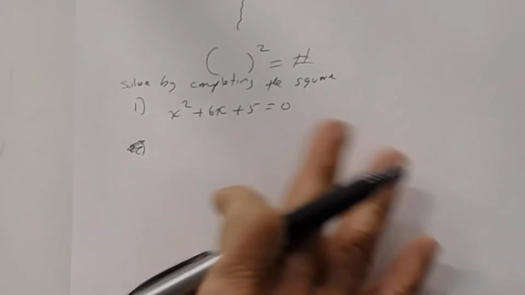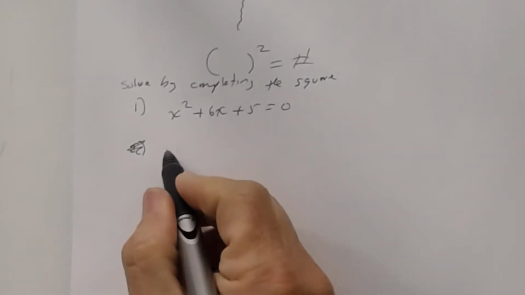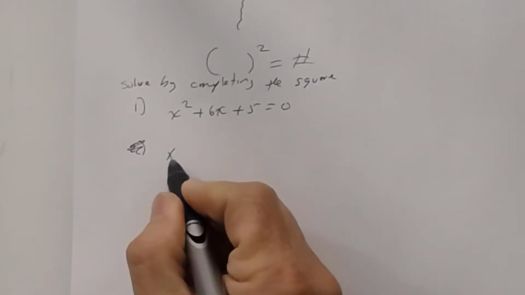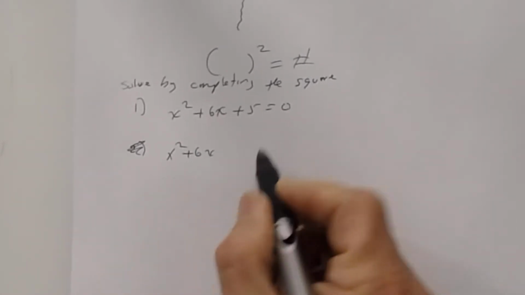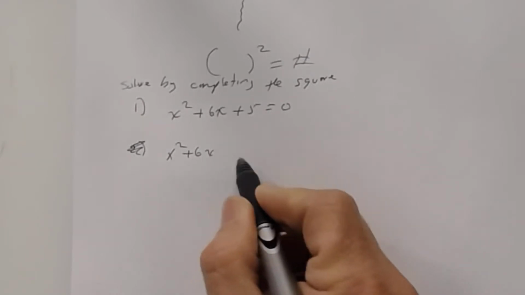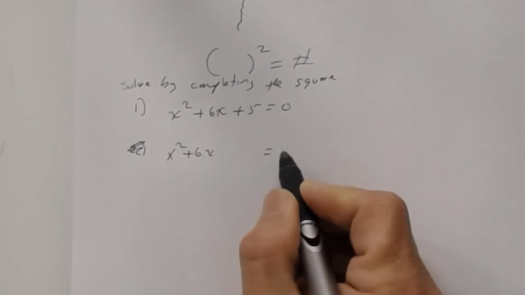So you've got to bring that to the other side. So how will I rewrite the next step? x squared plus 6x, leave some space here, and then equal what? Negative 5. All right, so leave some space between the variable term and the equal sign. That was your step 2. Okay, step 3. Step 3 says this.